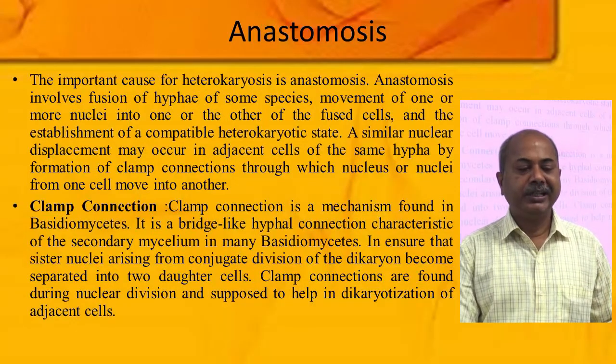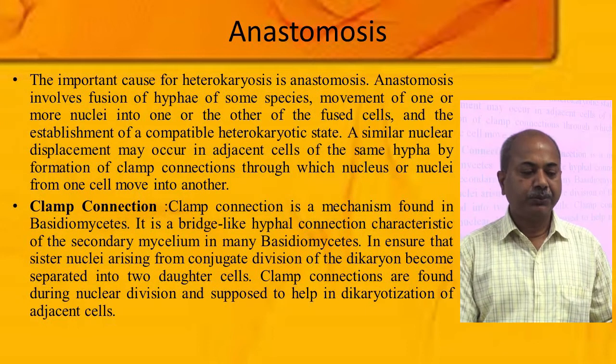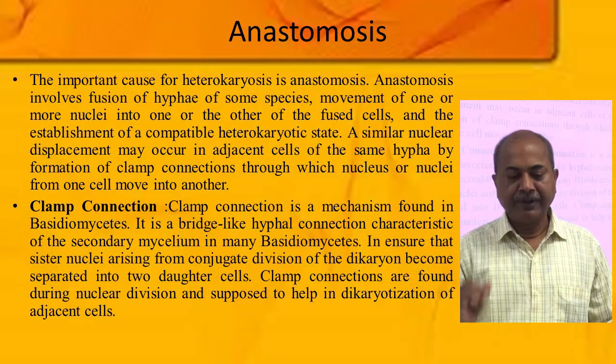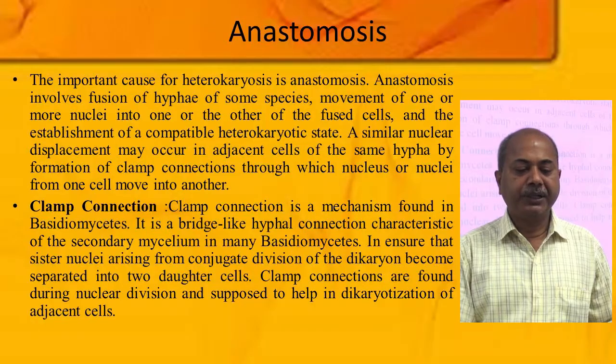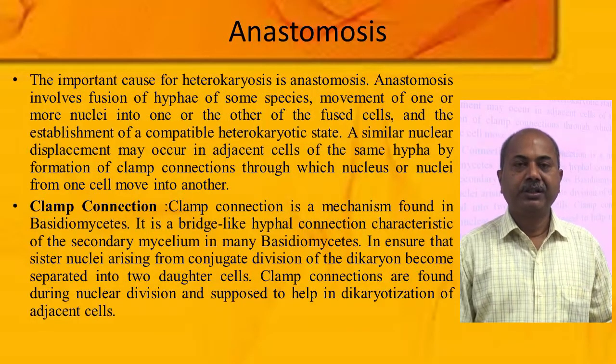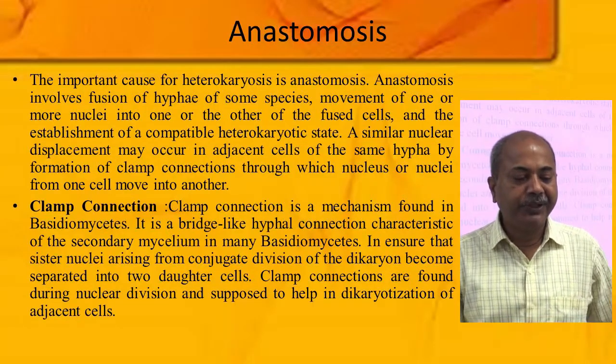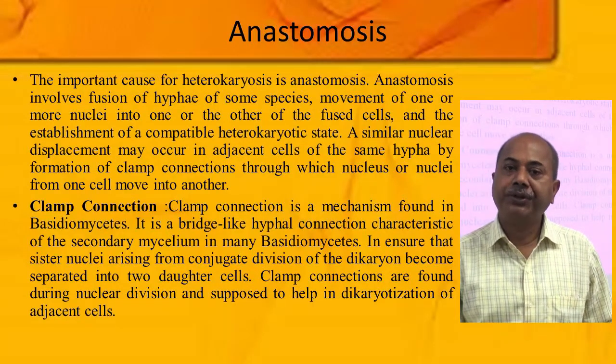It is basically an important cause for heterokaryosis, and anastomosis involves the fusion of hyphae of some species, movement of one or more nuclei into one or the other fused cells, and the establishment of a compatible heterokaryotic state. So anastomosis brings about the establishment of a compatible heterokaryotic state.